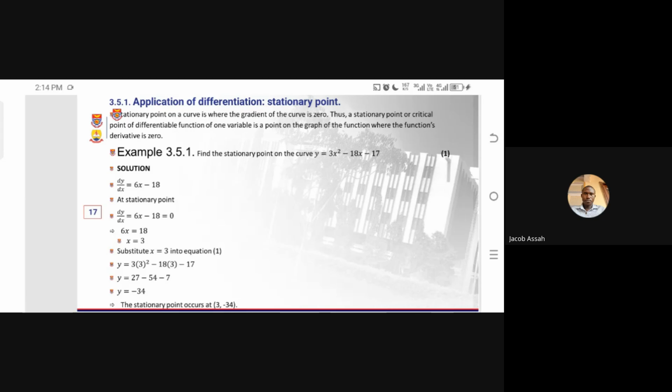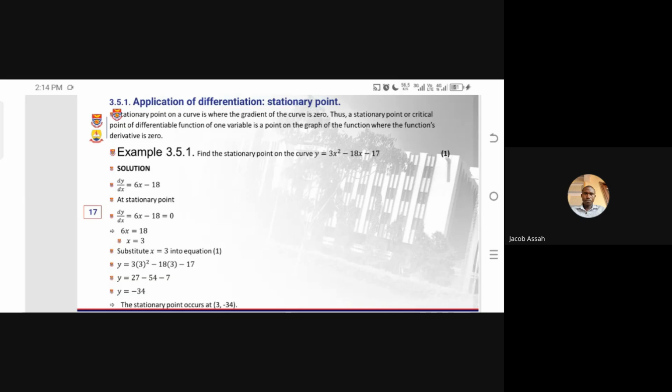So as an example, we have: find the stationary point on the curve y is equal to 3x squared minus 18x minus 17. So what you will do is find the first derivative. When you find the first derivative of the function, it is going to be 6x minus 18, and then you equate it to 0.